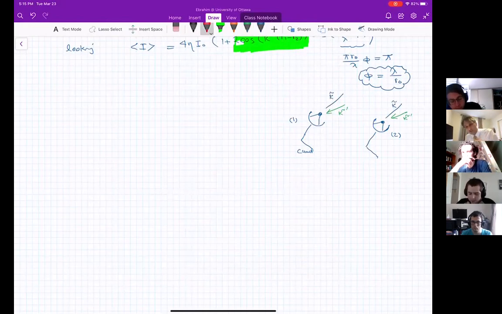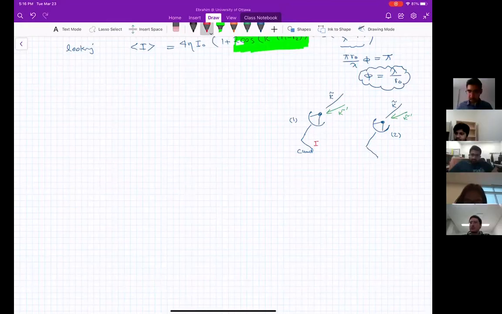I have detectors there. What I get here is exactly the radiance or intensity of the beam there, right? Do you agree? I get I1, and from the second one, I get I2.